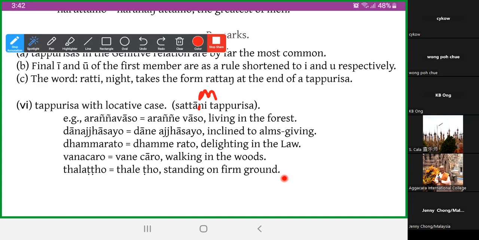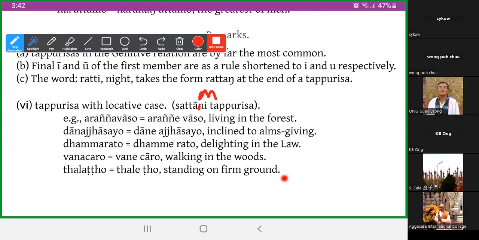Baraka, can you see what is dropped? The case ending, the E. E is the locative singular, right? And this is dropped. So this is very easy. You drop the E sound, then you maintain the original, which is the stem. You drop the E, it goes back to the original form: aranya, dana, dhamma, wana, tala.